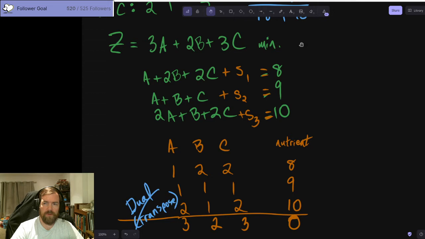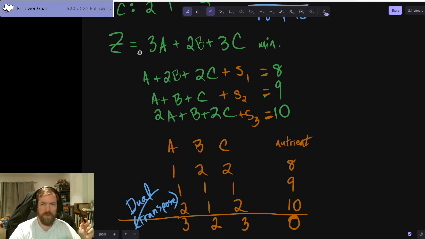In this particular version, this is a minimization of the z objective function given all of these, which again were inequalities, and what I did was I made them all have to be greater than or equal to each of these numbers.